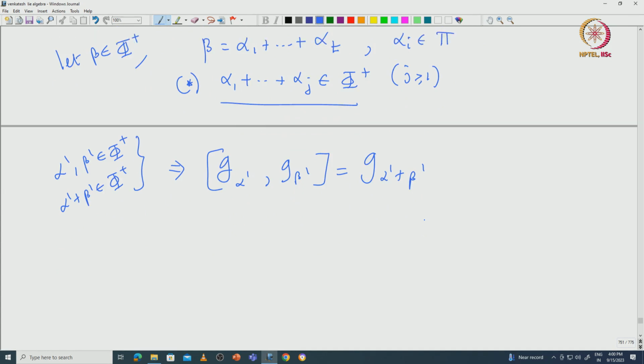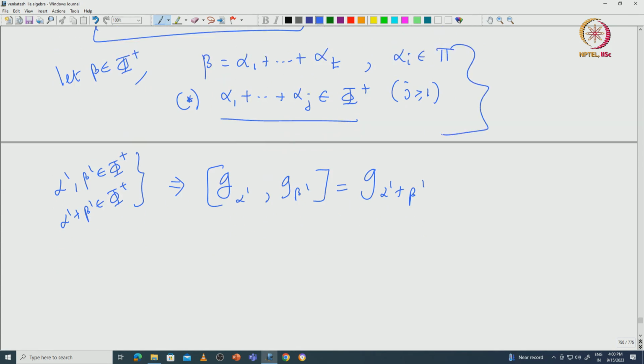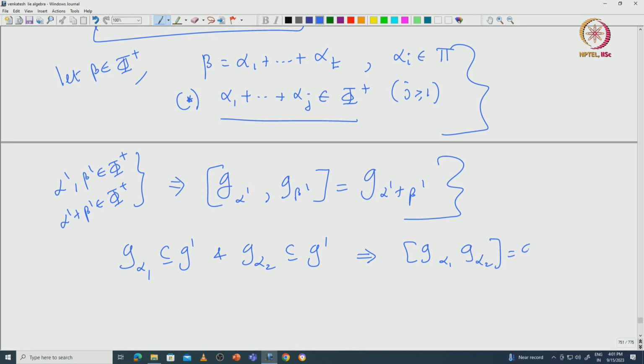So, using this you can conclude easily that G alpha 1 is inside G dash and G alpha 2 is inside G dash, and then that implies the bracket of G alpha 1 and G alpha 2, which is G alpha 1 plus alpha 2, is inside G dash.